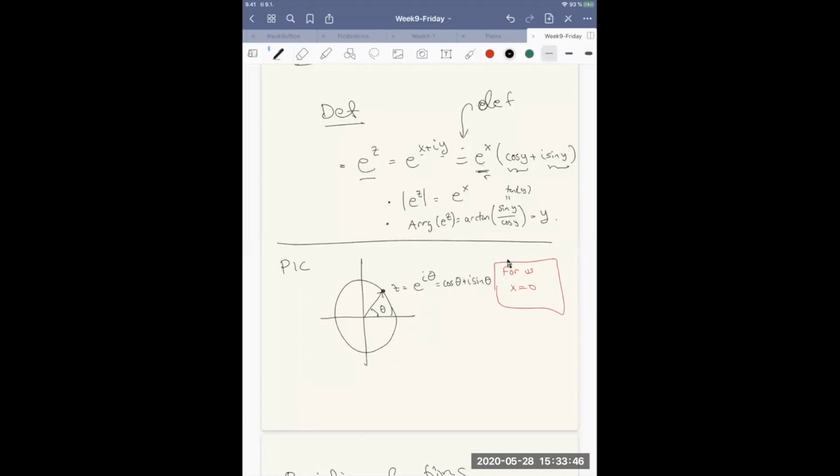If we go back to our geometric picture, cosine theta is the x component, sine theta is the y component. So these are exactly points on the unit circle, and theta signifies the angle that you're making. So e to the i theta is a way of parameterizing the circle using complex numbers. As theta increases, you rotate counterclockwise, and as theta decreases, you rotate in the other direction.